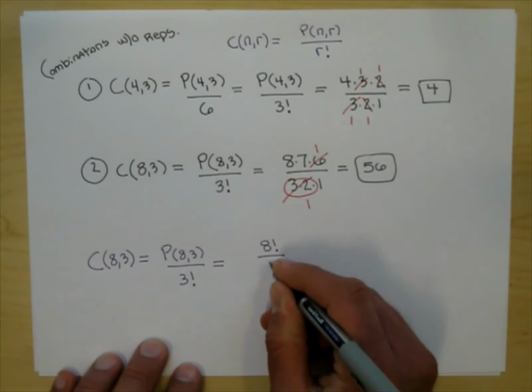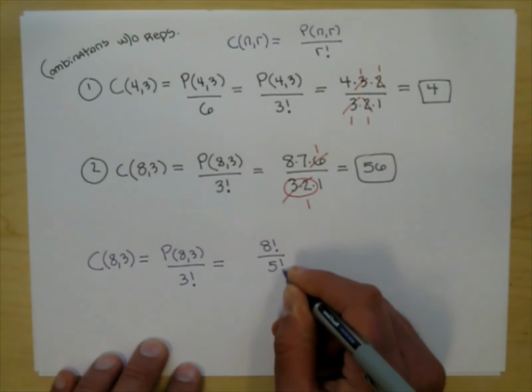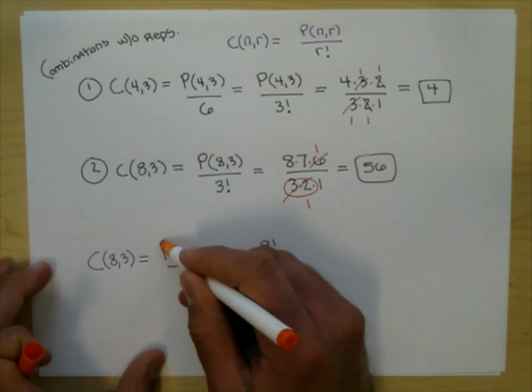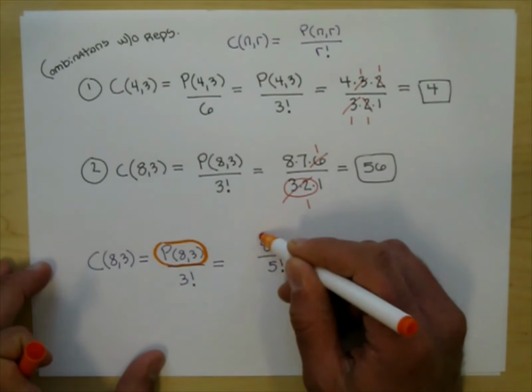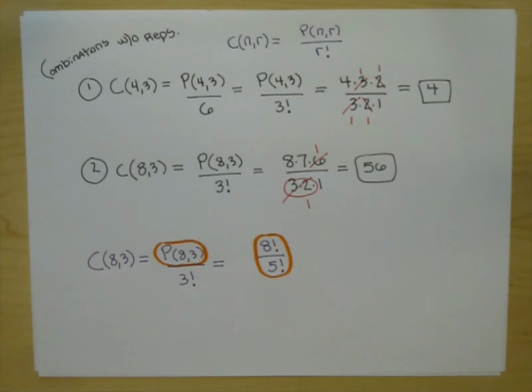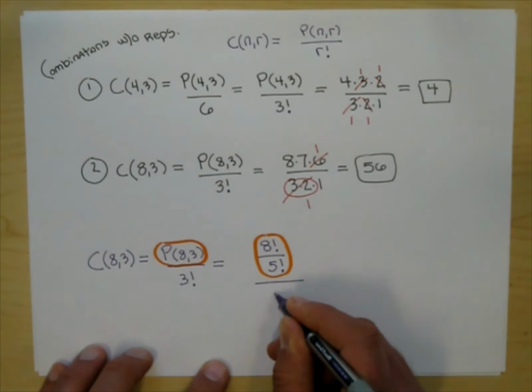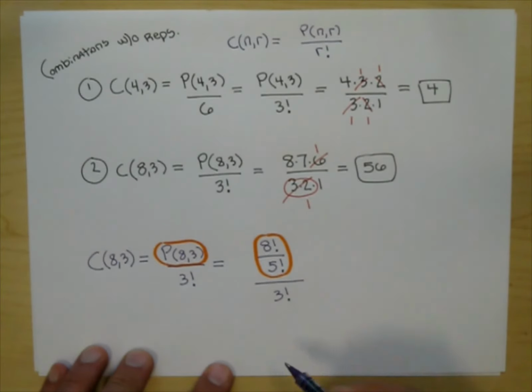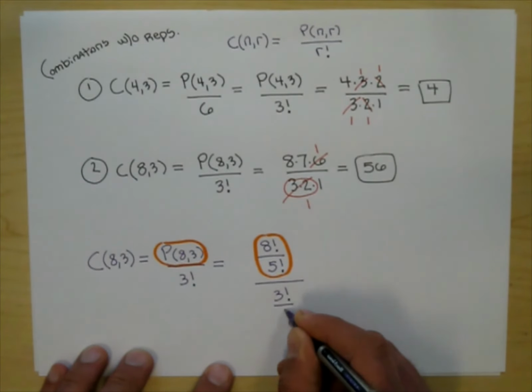Well, that would be 5. And then we have to put a factorial. This right here became this. Am I going to get the same answer, 56? Yeah, I'm going to. And then you also have the 3 factorial on the bottom. Now that 3 factorial on the bottom is actually over 1.